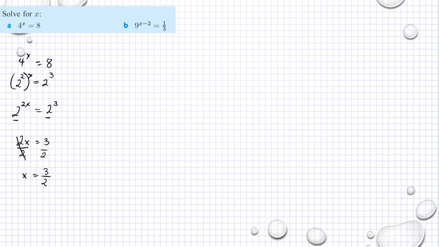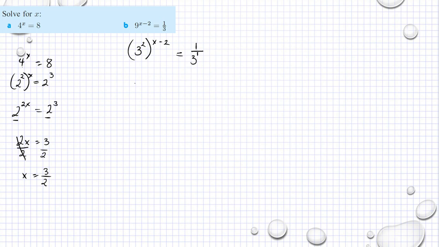But it is better to express it as a fraction. You can check if it's correct. I will check it later. For b, we have 9, which is the same as 3 raised to 2, raised to x minus 2 is equal to 1/3, which is the same as 1 divided by 3 raised to 1.